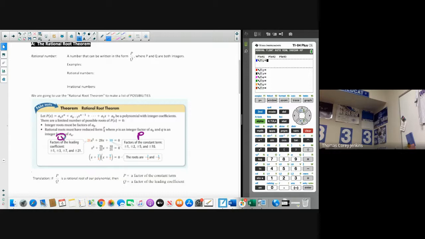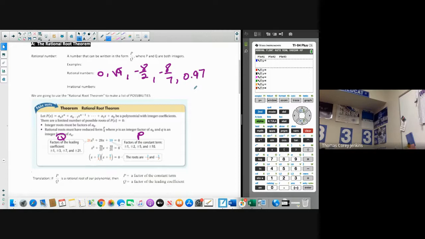Some examples of rational numbers: anything you can write as a fraction. I put some examples, like 0, the square root of 9, -8 over 2, -8 over 7, 0.97. The list goes on and on forever.